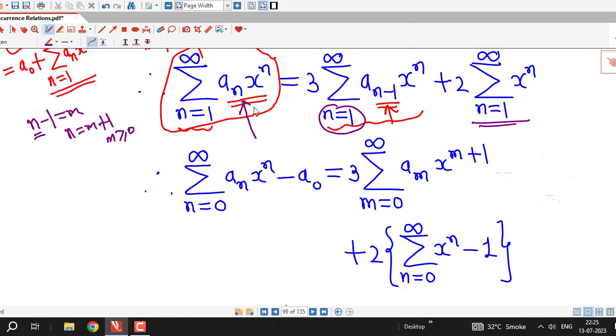This is sigma a_n x raised to n, n equal to 0 to infinity, minus a0.